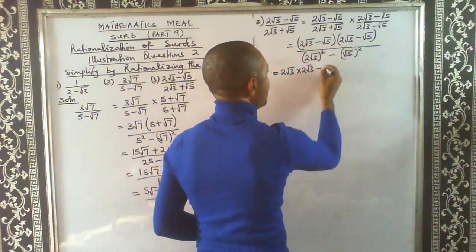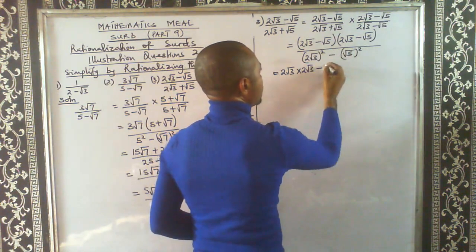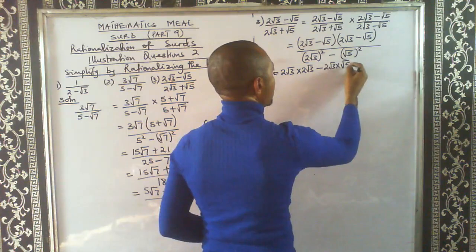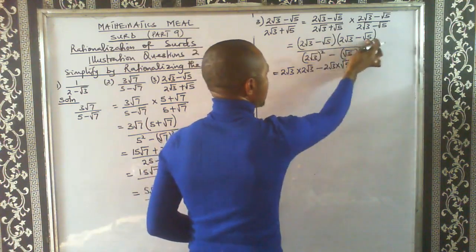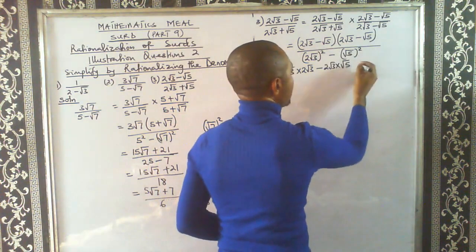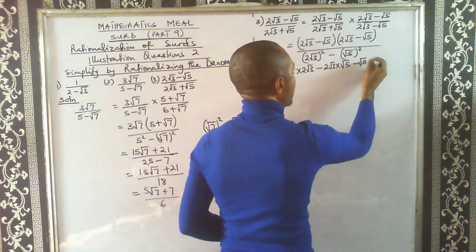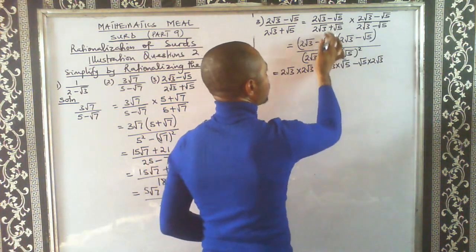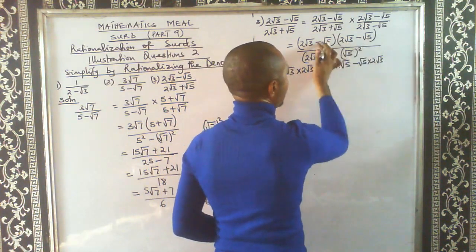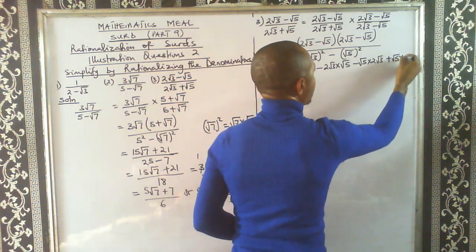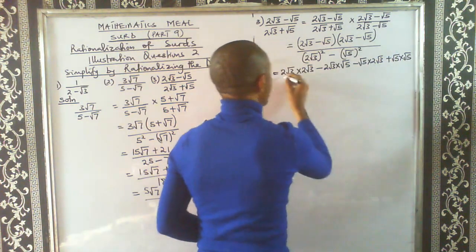Times this, we have minus because of this: 2 square root of 3 times what? Square root of 5. I've used this on this and this, so let me use this. Minus square root of 5 times this, I have minus square root of 5 times 2 root 3. And then minus square root of 5 times minus square root of 5. The minus will multiply this to become plus. I have root 5 times square root of 5.